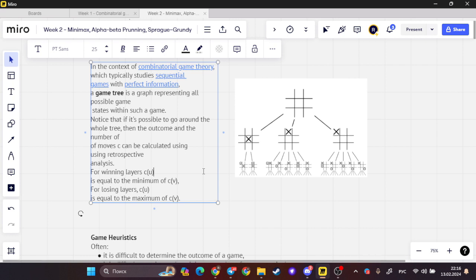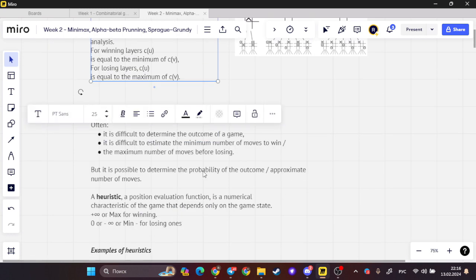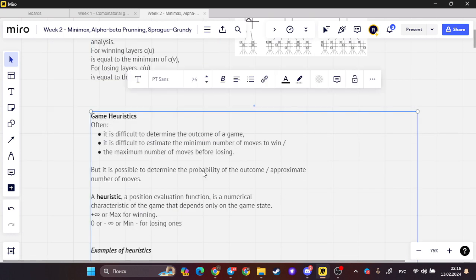So we need to understand how to estimate the chances of winning in some state.